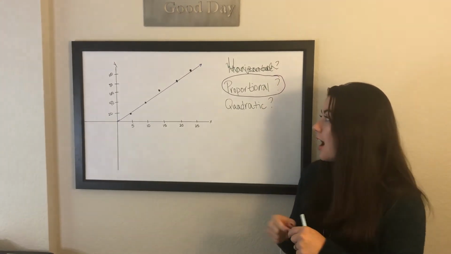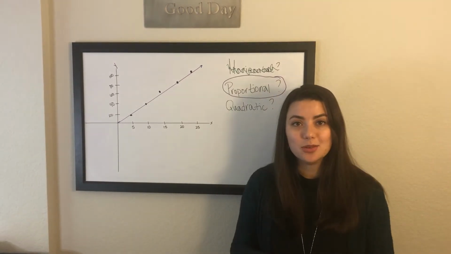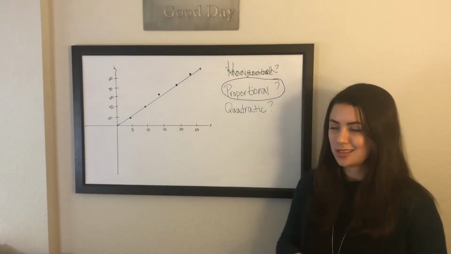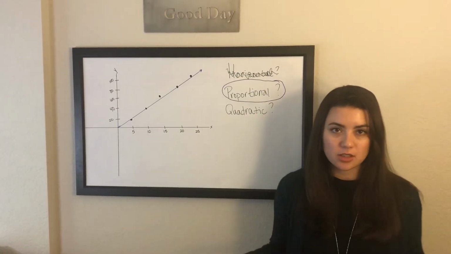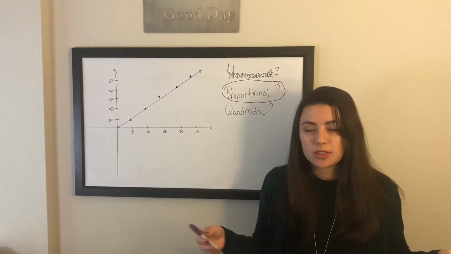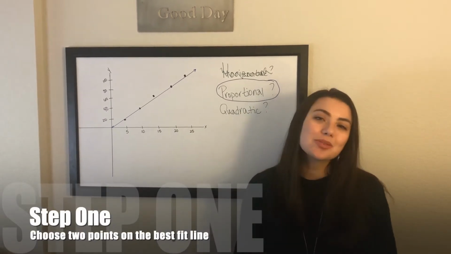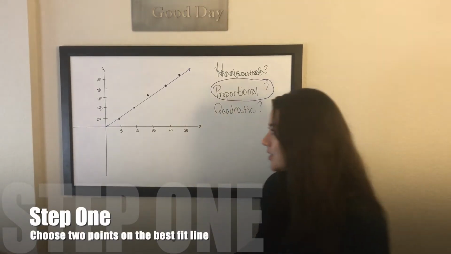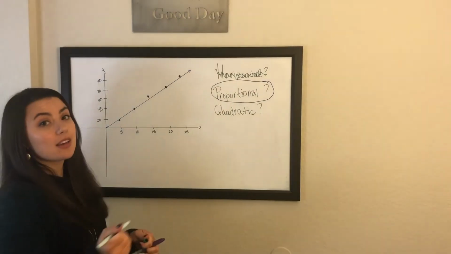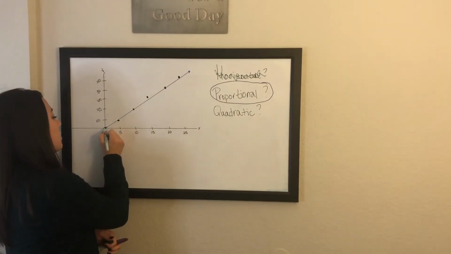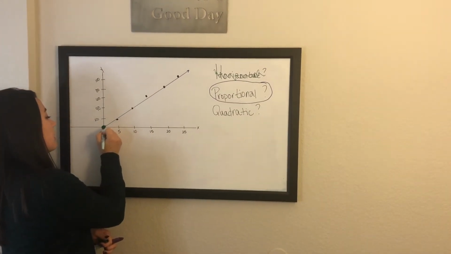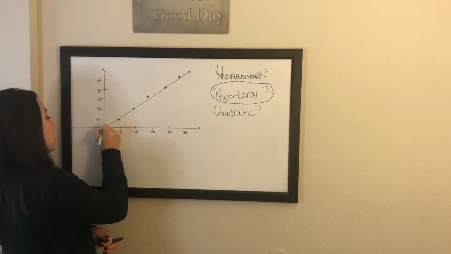Okay. So the second thing we have to do is figure out what the slope is. Whenever you find slope, the first thing you're always going to do is pick 2 points. It doesn't really matter what 2 points you pick, but whenever I do this, I usually pick the first point to be at the y and x intercept. I'm going to make this really big so you can see it.